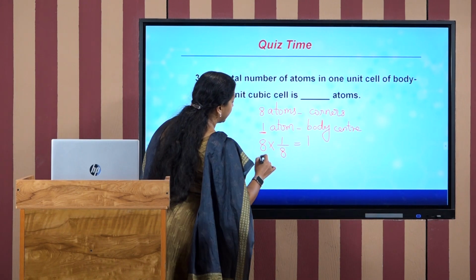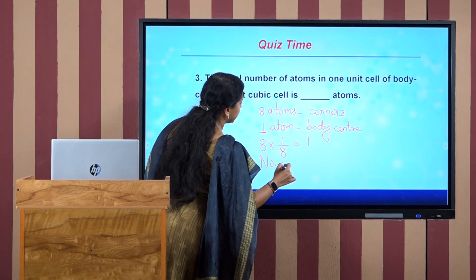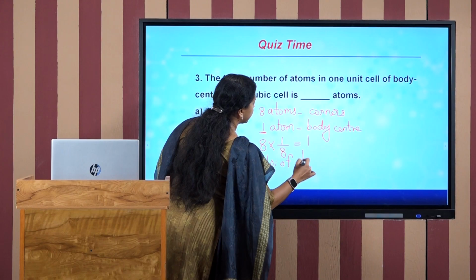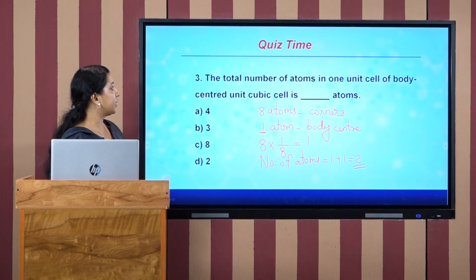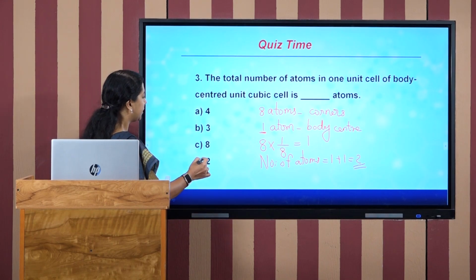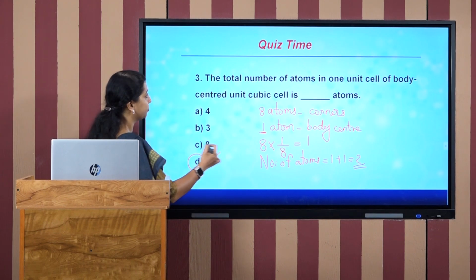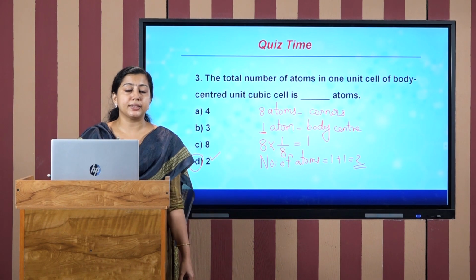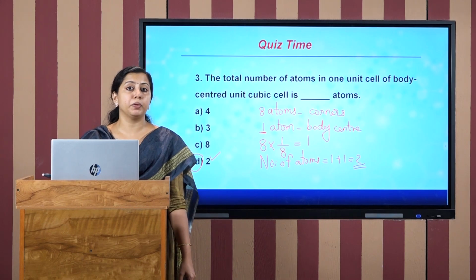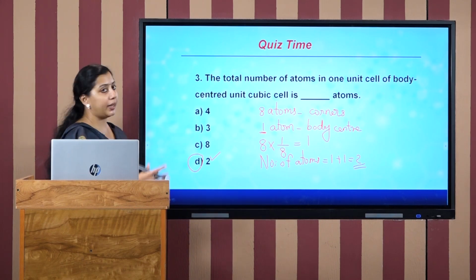Therefore, the number of atoms per unit cell is equal to 1 plus 1 equal to 2. So, the correct answer is option D, 2. So, the total number of atoms in one unit cell of a body centered cubic unit cell is 2 atoms.